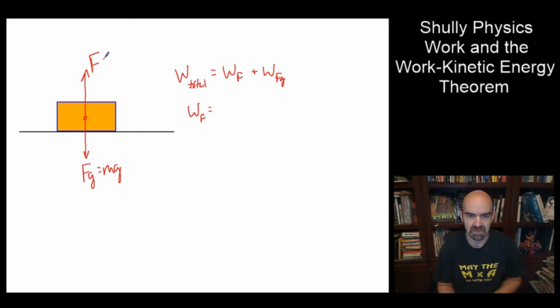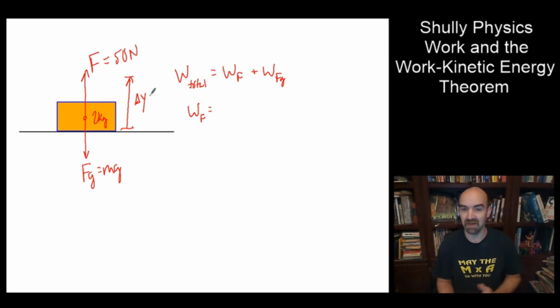Let's give it some values here. Let's take a 2 kilogram box again, and we'll do again a 50 Newton force lifting it up. We're going to lift it up a certain delta y. Let's use y this time. Now we'll lift it up 5 meters. Get a few different numbers here.